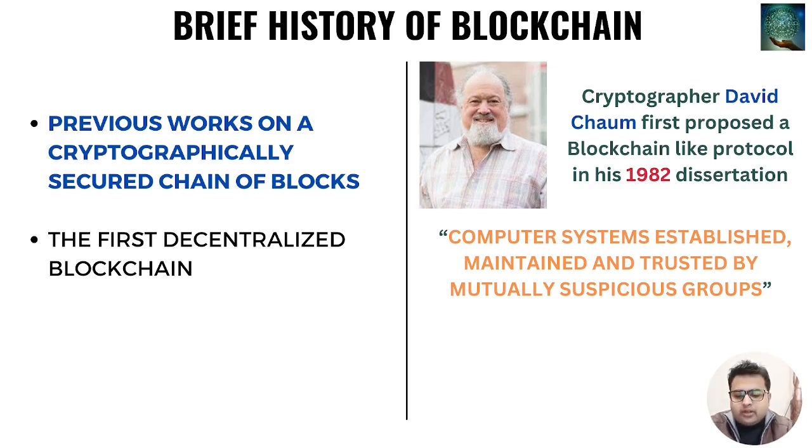Cryptographer David Chaum first proposed a blockchain-like protocol in his 1982 dissertation. So 1982, he first proposed the concept of a blockchain-like protocol. The title was Computer Systems Established, Maintained, and Trusted by Mutually Suspicious Groups.